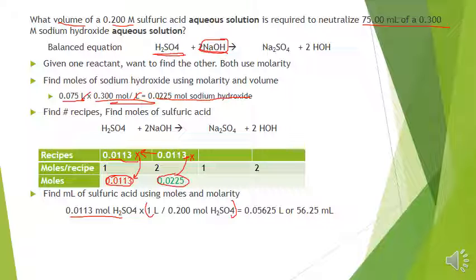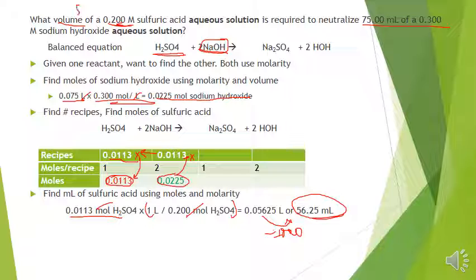Just flip the molarity, so 1 liter over 0.2 molar. The moles cancel out, you end up with liters, and it's 0.05625 liters. Multiply that by 1,000 to get milliliters. So it's 56.25 mL of sulfuric acid.